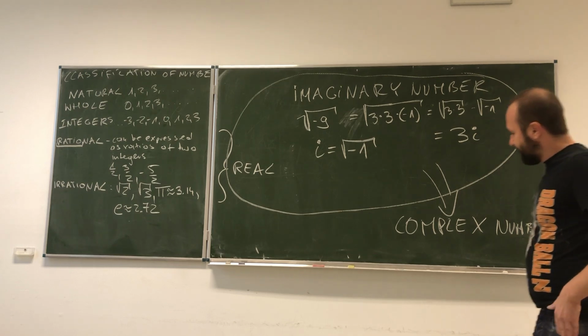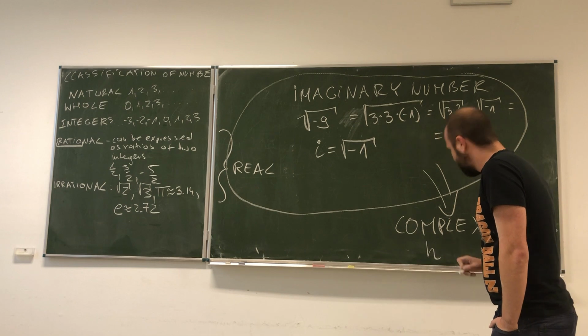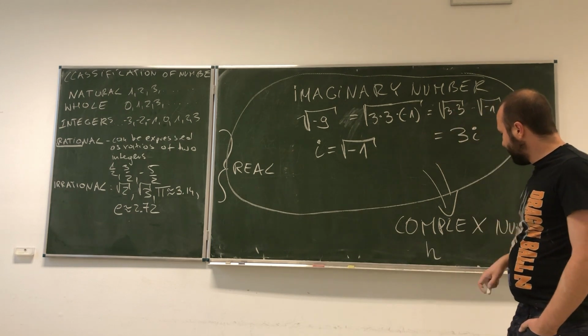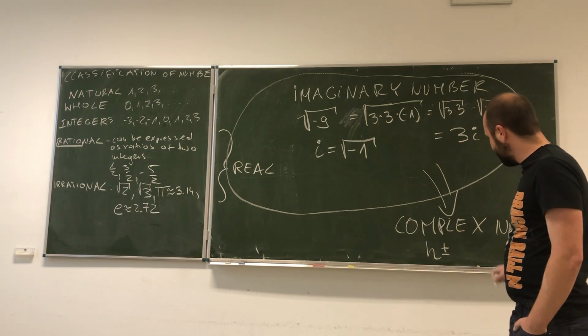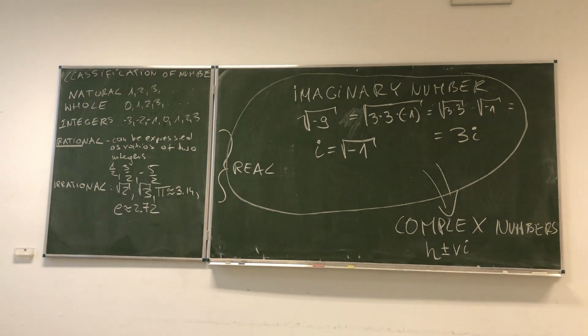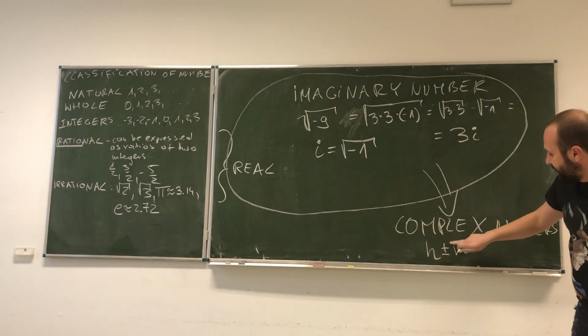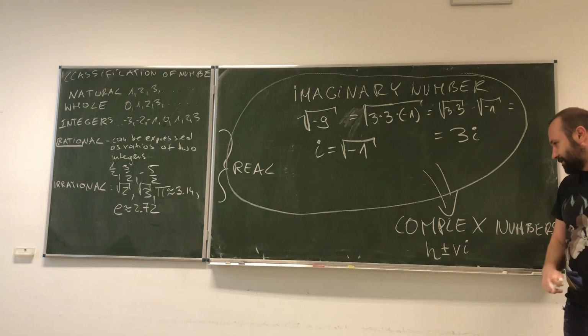Look, those complex numbers are usually written in the form that we have some a, where a is a real number, plus minus bi. And look, we simply call that this part is a real part of a number, and this is an imaginary part.